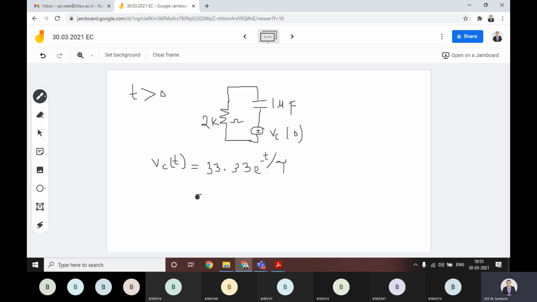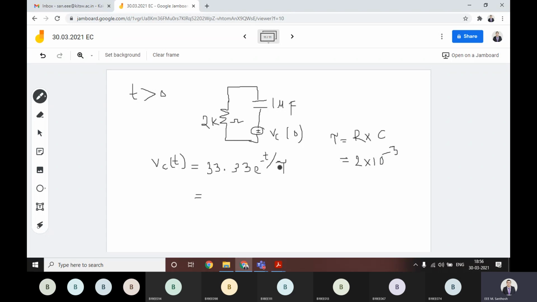What is the value of tau, the time constant in this case? That is equal to R into C. What is the value of R? That is 2k. So it is 2 into 10 power minus 3. This value is the time constant.